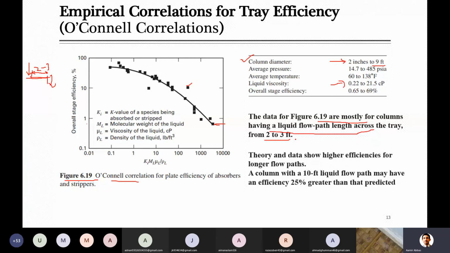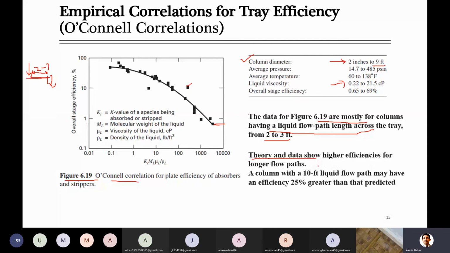But it was observed, from the theory as well as from the data obtained from various plants, that efficiency actually increases when you use longer flow paths. That means if your column diameter is large, then definitely this flow path on the surface of the tray will increase.